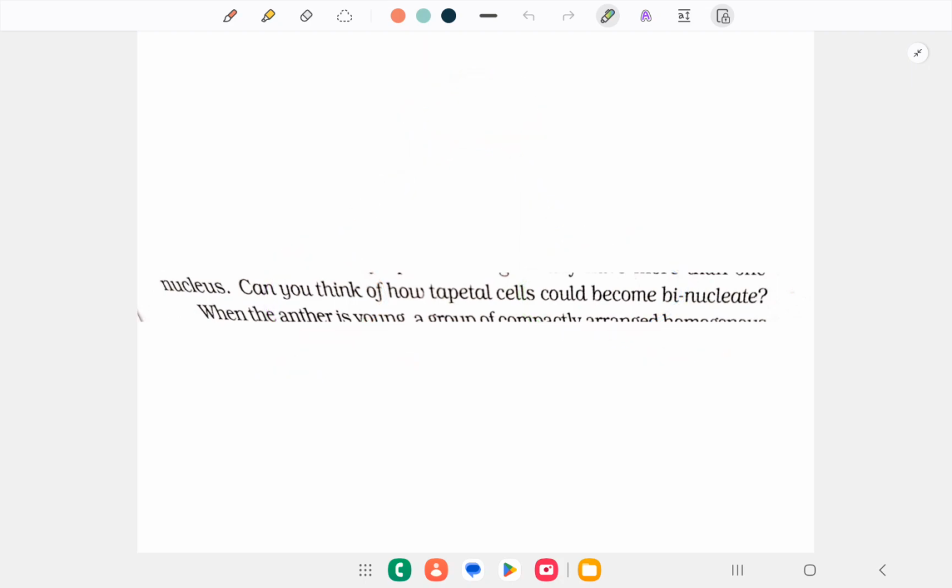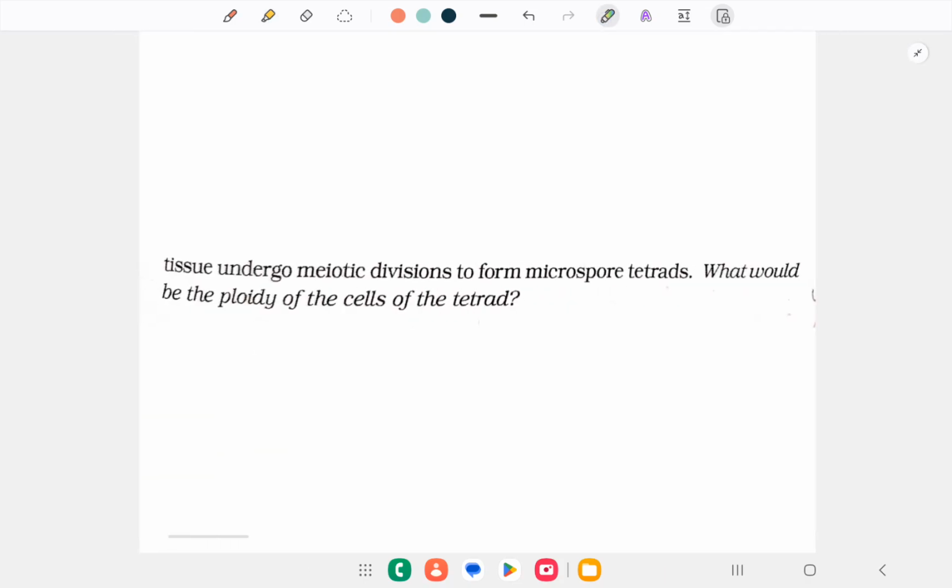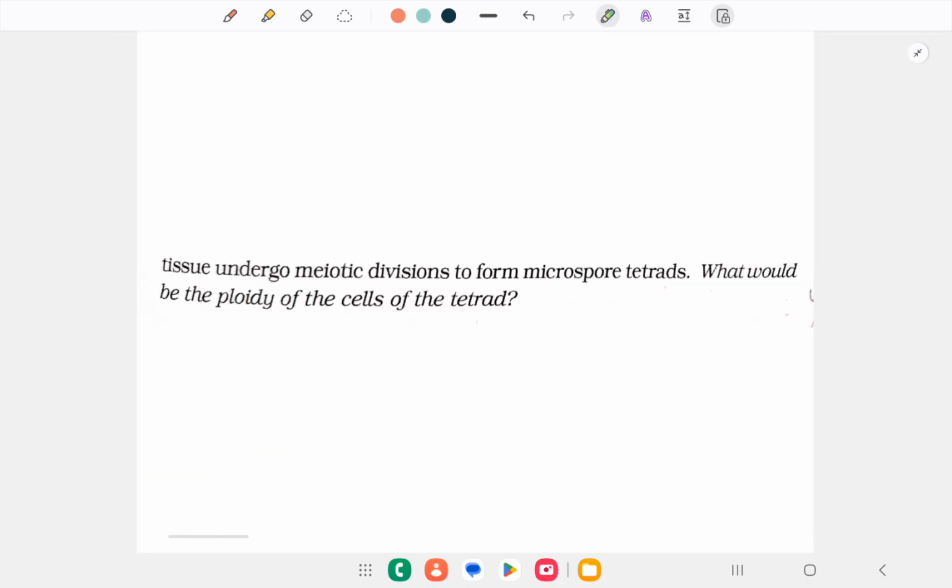Here endomitosis will take place, but the nucleus will divide while cytokinesis won't happen. So a structured answer would be that tapetal cells become binucleated through a process called endomitosis.